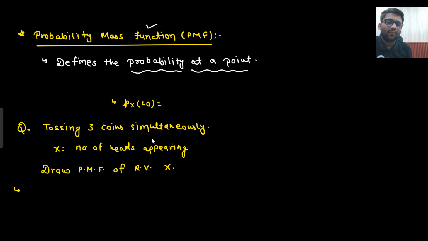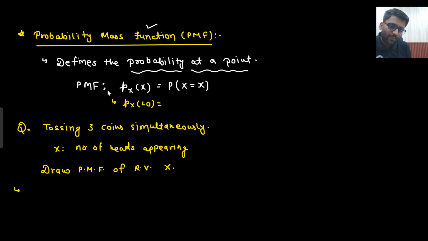This is how it will be written: small p, capital X, small x. What is the meaning of this? It tells the probability of random variable X taking the value small x. This is the notation of PMF, how PMF is represented.